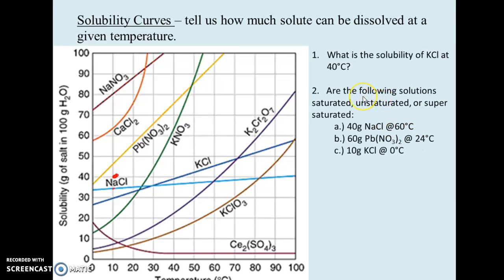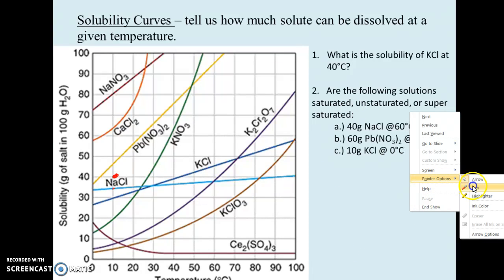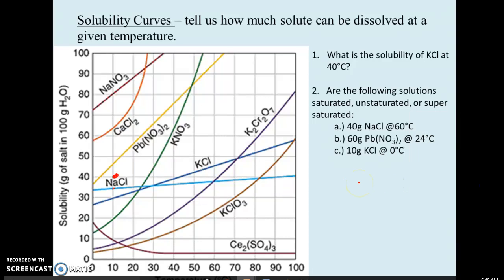And here's a question. Are the following solutions saturated, unsaturated, or supersaturated? So let me get my pointer and I'll show you how to find this out. So you need to know the terms, what that means, saturated, unsaturated, or supersaturated. So at 40 degrees and at 40 grams, so that'd be here, and 60 degrees Celsius, find where that point would be, which would be right here at this X here.